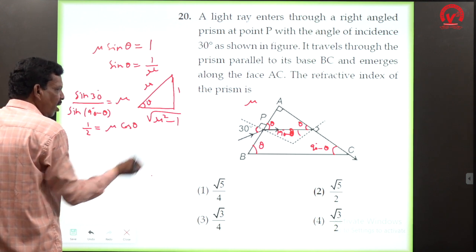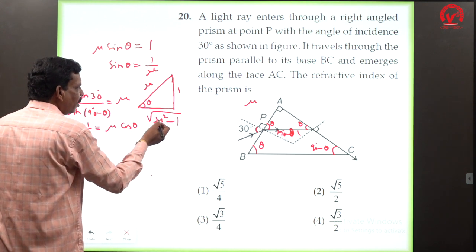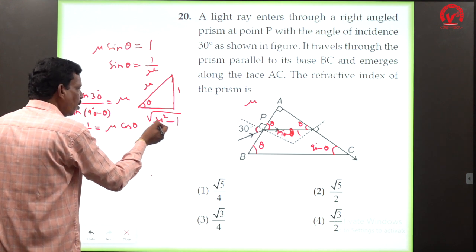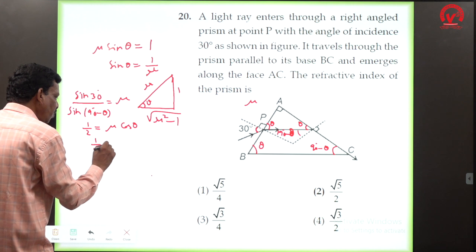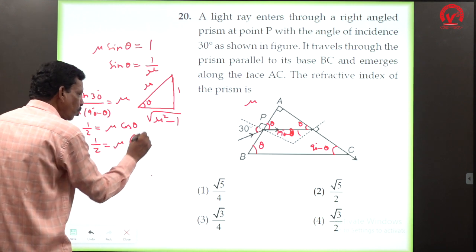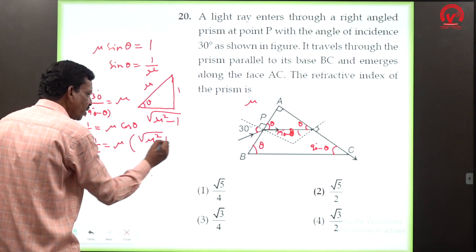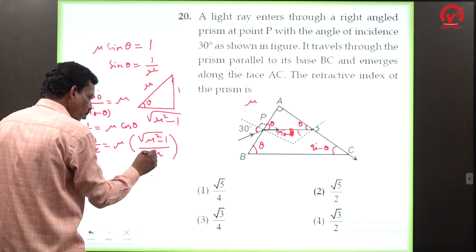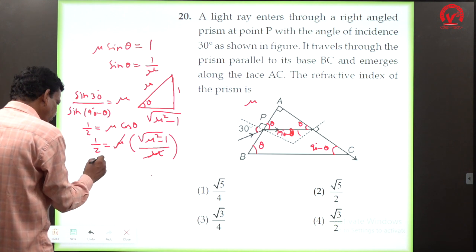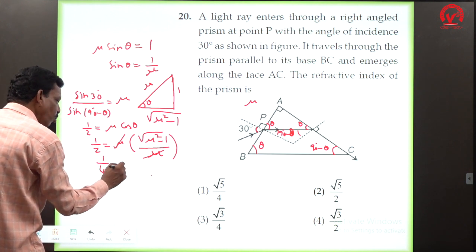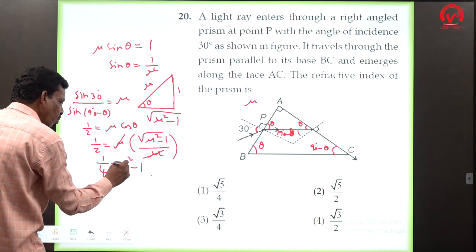From this, what is cos theta? Adjacent side by hypotenuse. Half is equal to mu into root mu squared minus 1 by mu. So both get cancelled. Squaring on both sides, 1 by 4 equals mu squared minus 1.